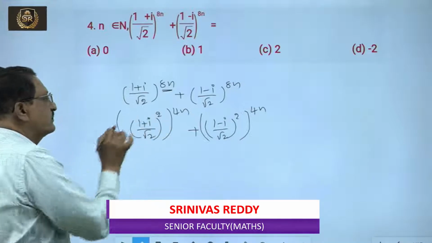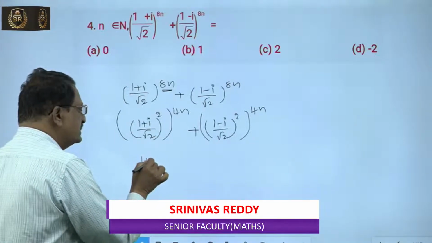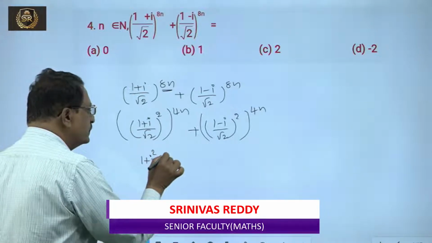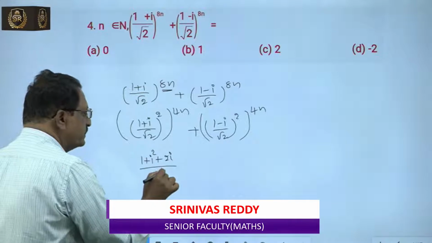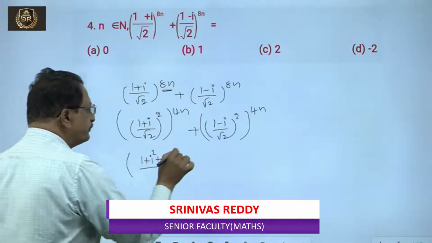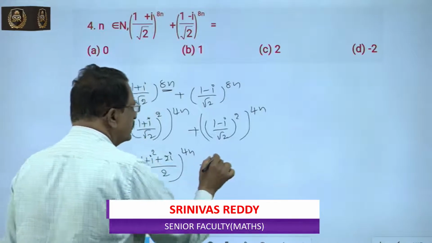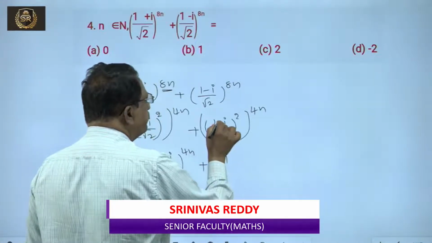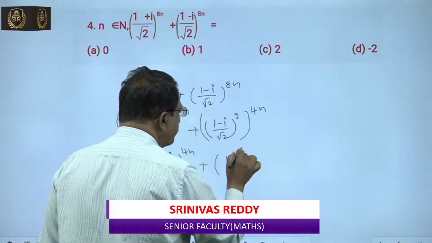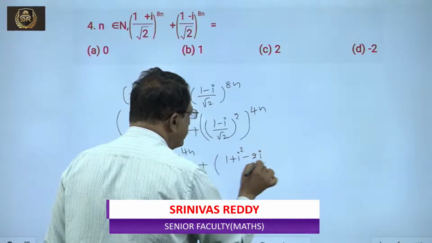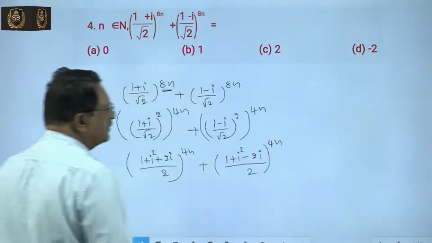Now (1 plus i) whole square, (a plus b) whole square: ((1 plus i square plus 2i) by 2) to the power of 4n plus ((1 plus i square minus 2i) by 2) to the power of 4n.